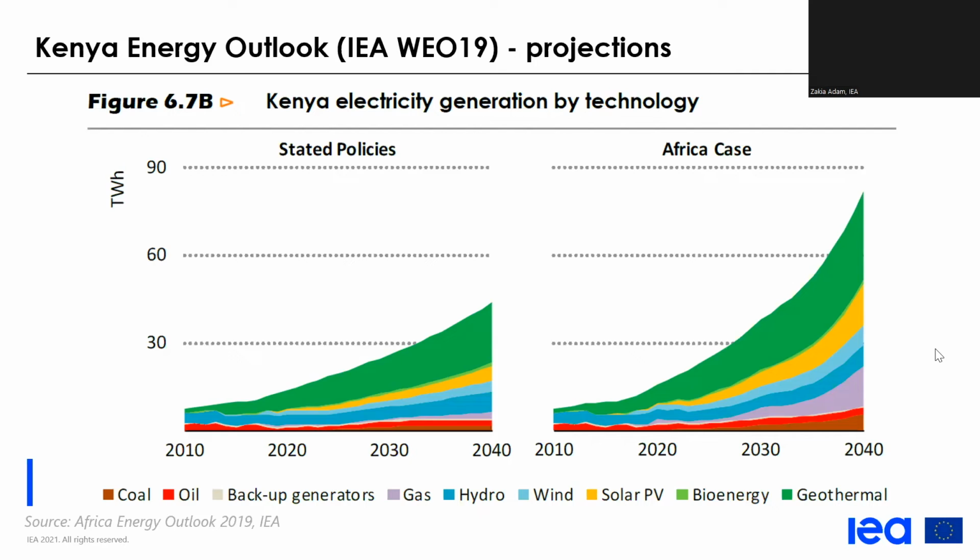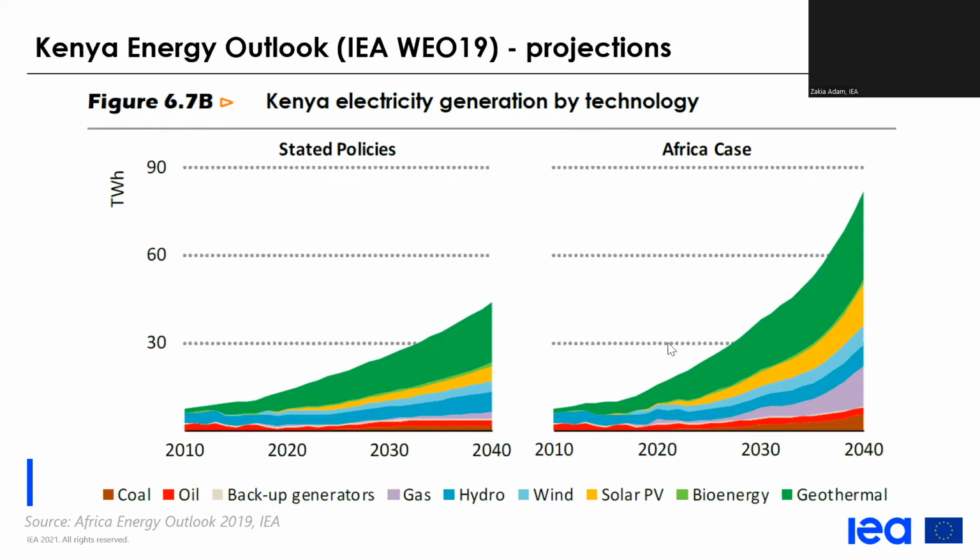Anyway, I would be really interested to hear any feedback from you, especially when we talk about Kenya. For example, I remember having a question during the last lecture last week about backup generators, which play an important role, especially in the residential sector, but also in entrepreneurial sectors, in industry and also in agriculture.